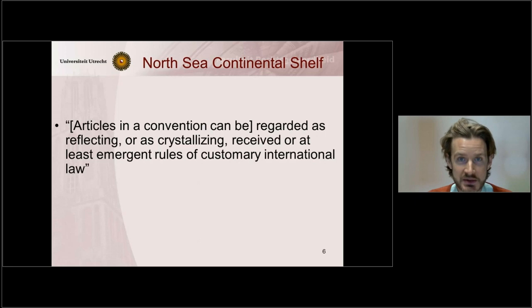The court had some sympathy with the argument that you can refer to a treaty as evidence of a customary norm. And so I'm now going to quote the relevant paragraphs in the court's judgment. So the court said, articles in a convention, like the Convention on the Continental Shelf, can be regarded as reflecting or as crystallizing received or at least emergent rules of customary international law.